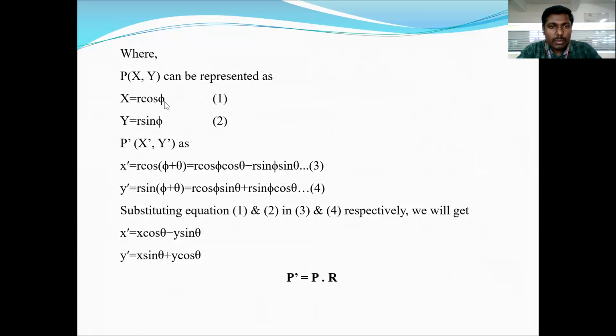These are the different expressions for P of x comma y and P dash of x dash comma y dash. After solving this, you will get x dash equal to x cos theta minus y sin theta, and y dash equal to x sin theta plus y cos theta. So our final expression is P dash equal to P into R.